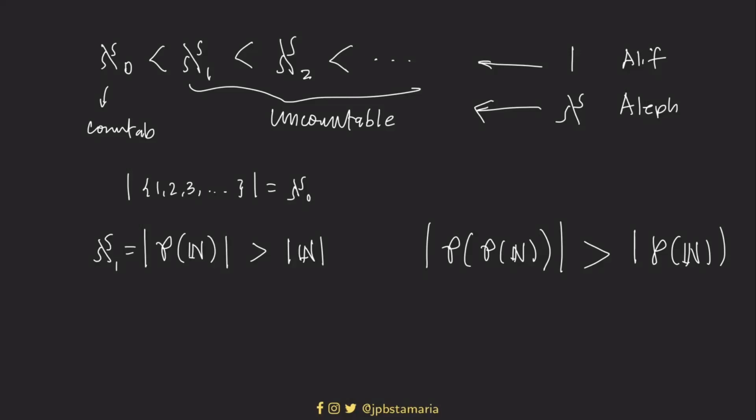Kahit anong axiomatic system ang inventuhin mo, laging may mag-e-exist na question that we cannot decide whether it is true or false based on the axioms only. Yun yung Gödel's incompleteness theorem.